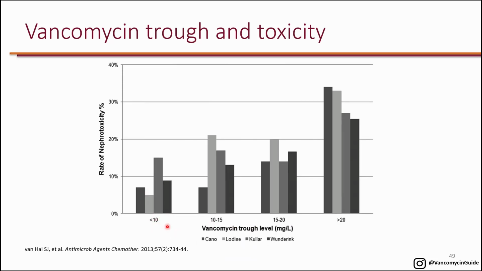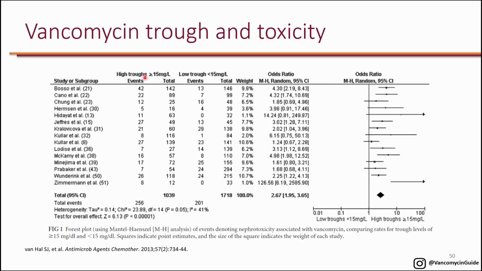Now, this is a systematic review and meta-analysis from multiple studies, and they're looking again at the same groups. Trough less than 10, trough 10 to 15, 15 to 20, and greater than 20. And in the meta-analysis, specifically, they compared trough of 15 or higher versus anything that's less than 15 to see if it makes a difference. And so these are all the different studies that they have added to this meta-analysis.